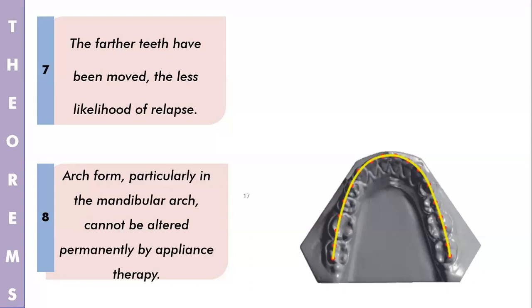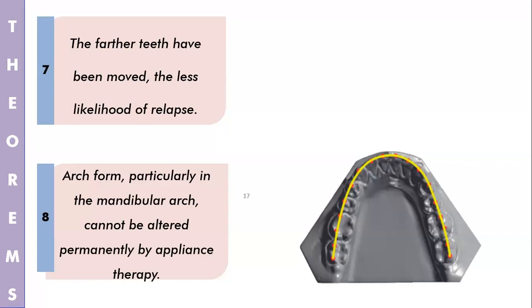The farther they've been moved, the lesser the relapse, because that much amount of reorganization has taken place. It sounds really logical. He believed that it has a lesser chance of relapse.